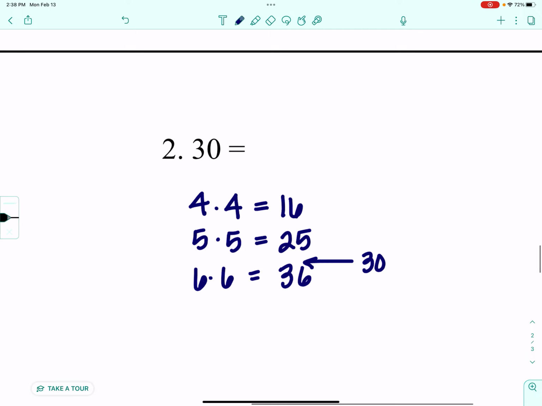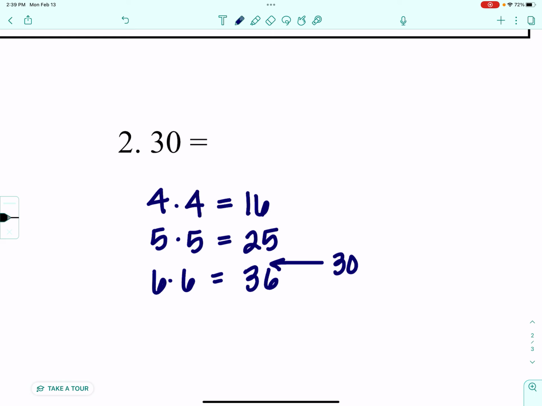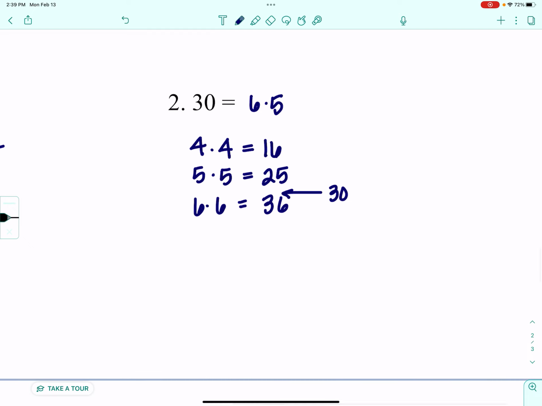So it looks like I cannot write that as a product of 2 identical factors. In fact, I can write it as 6 times 5, but those are not identical factors. So 30 is not a perfect square.